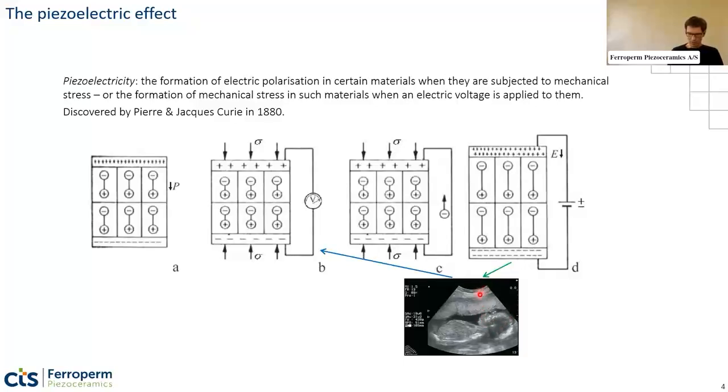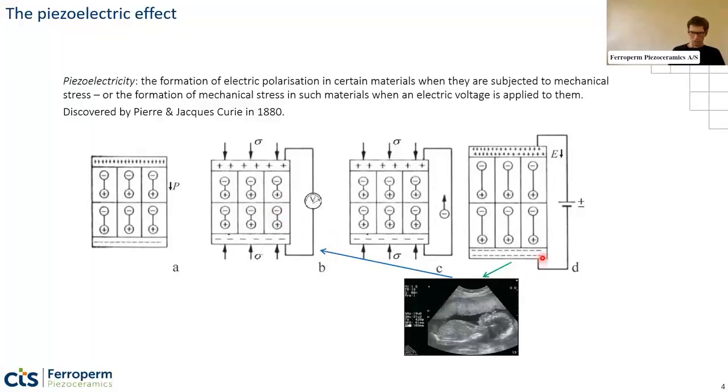When you pass the sound signals through the tissue, there'll be some echoes traveling back, and these echoes are received again by the piezoelectric ceramic, because it's able, through the direct effect, to convert the pressure signals to electrical signals that can be processed in the ultrasonic scanner.